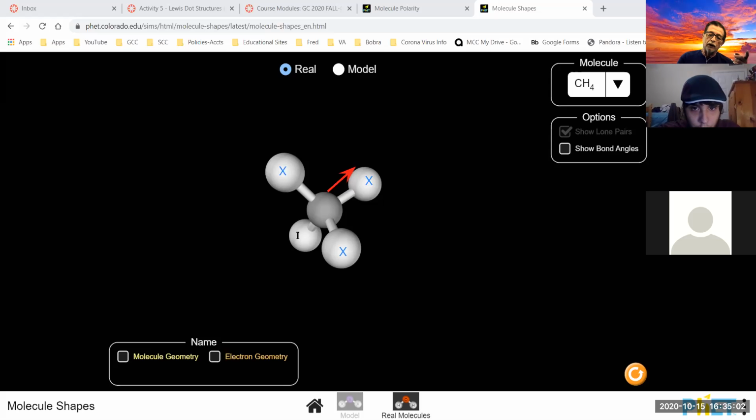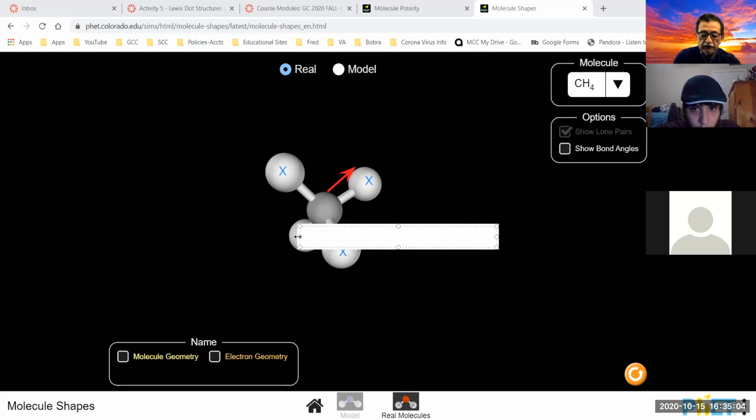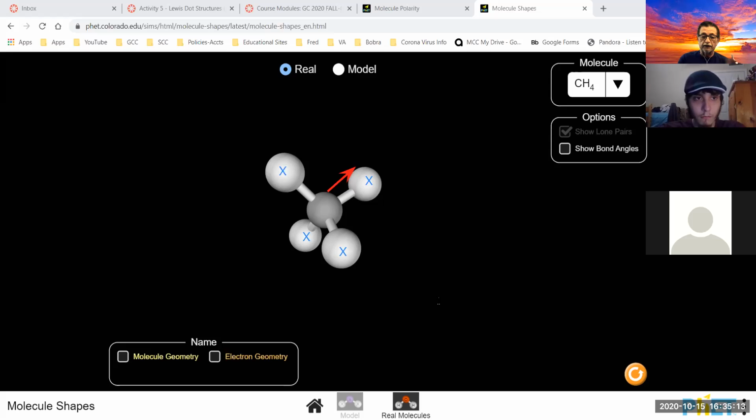Not until I go around the horn and make the last one an X, and they're all the same, is it nonpolar. That's important. They're all the same, either all chlorides, all bromides, or all iodides, or whatever you want to put up there. Then I'm back to a nonpolar molecule because in that configuration they all cancel out.